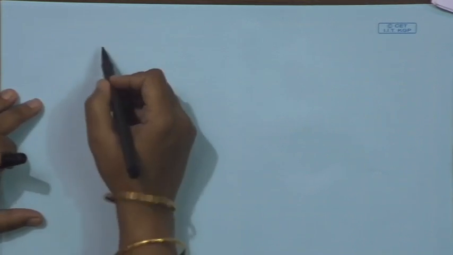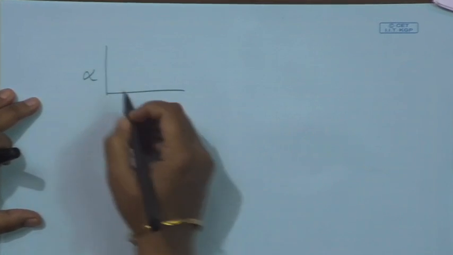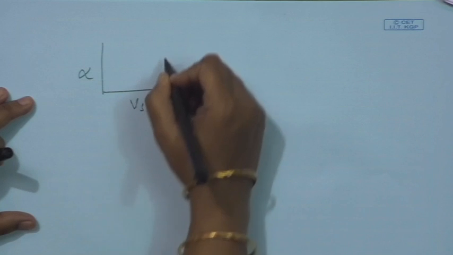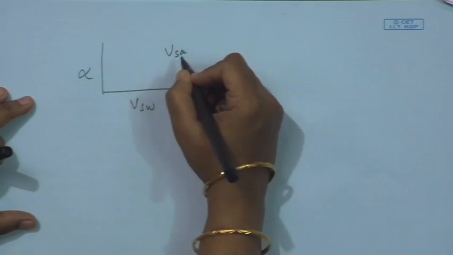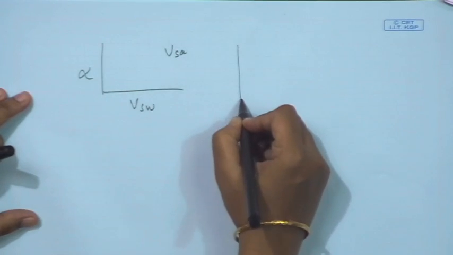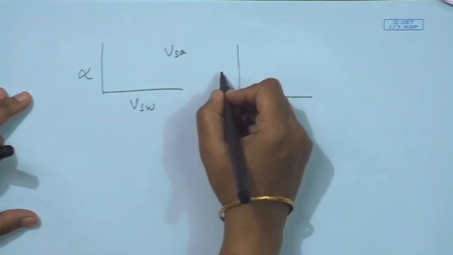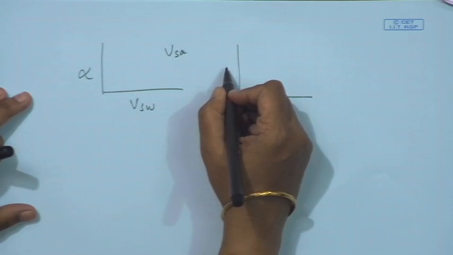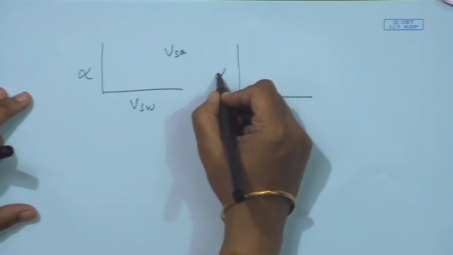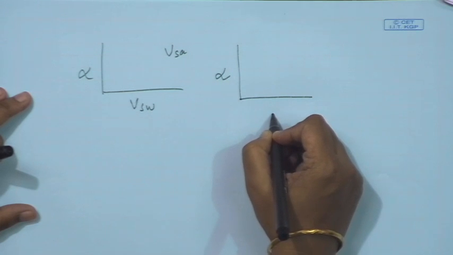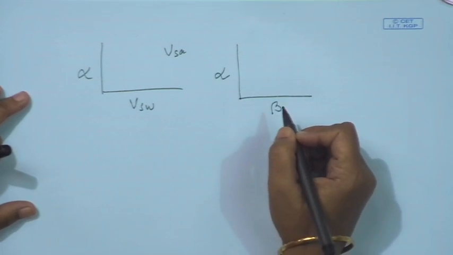It can be alpha as a function of water velocity with the air velocity as a parameter. Another conventional way of expressing the variation of alpha with superficial velocity is to plot alpha as a function of volumetric quality.